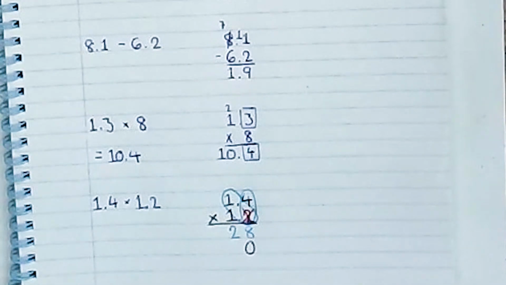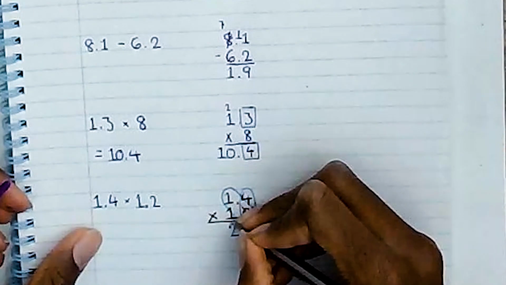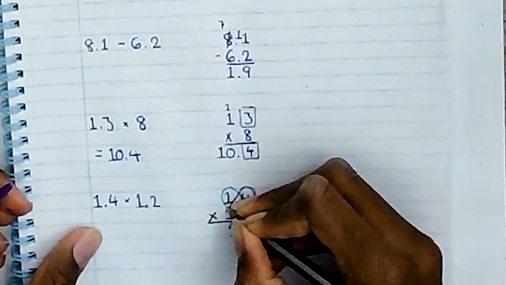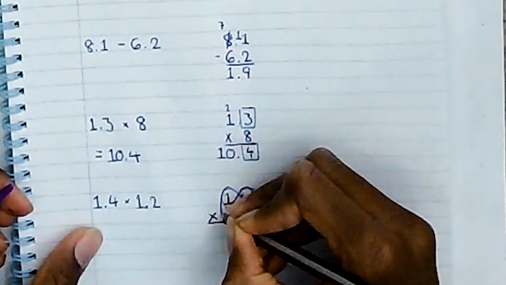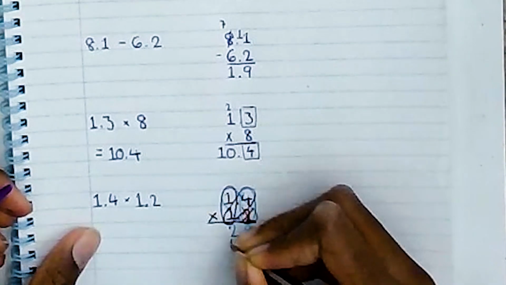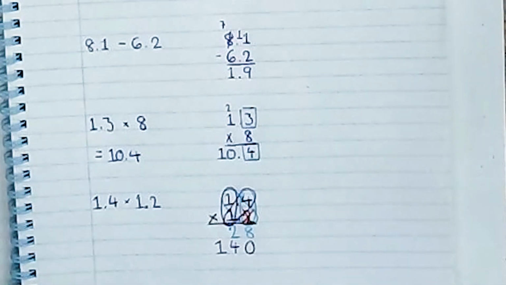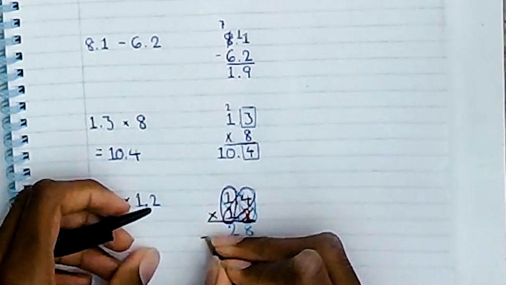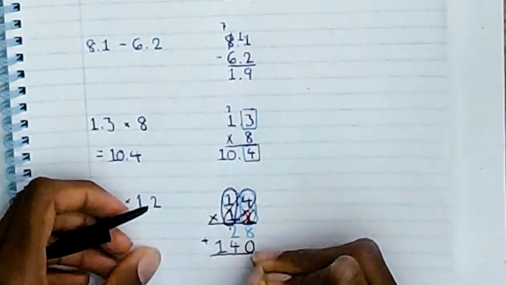Okay, now I'm going to use a different color. So I'm going to do 1 times 4, which is simply 4, and 1 times 1, which is 1. So now what we're going to do is simply add these together.